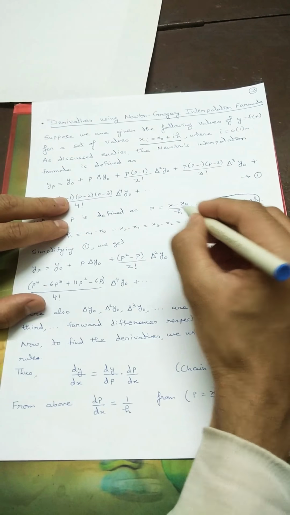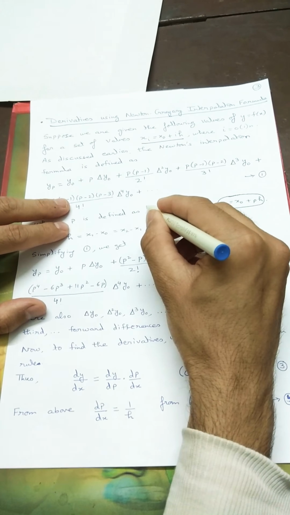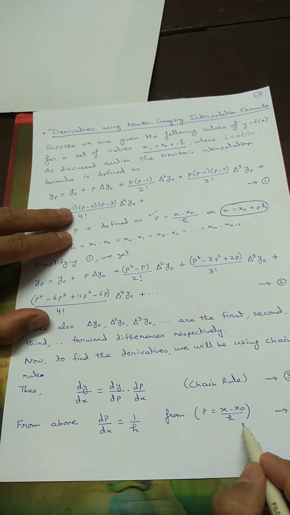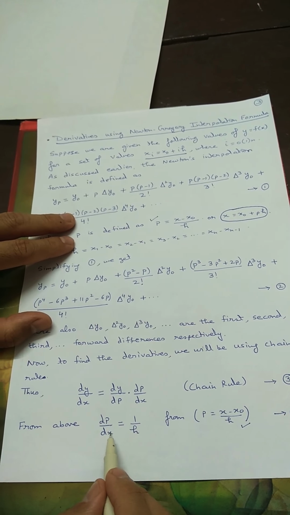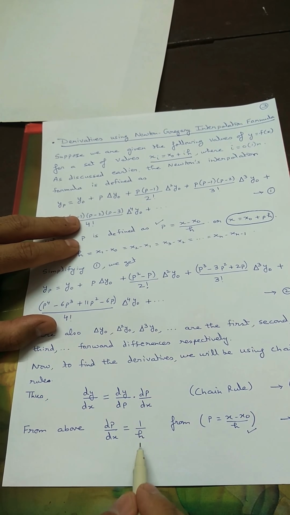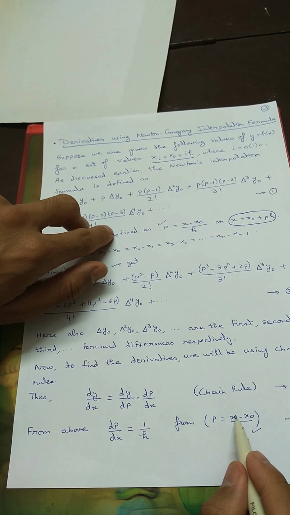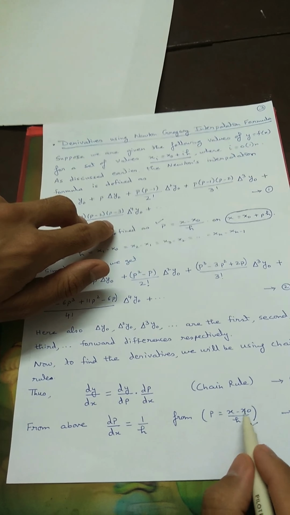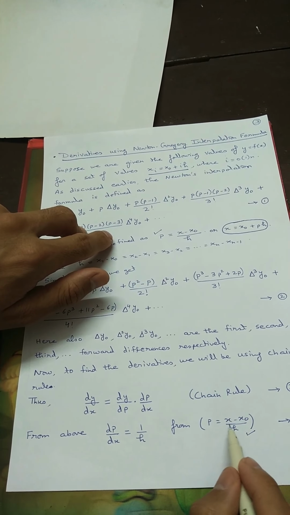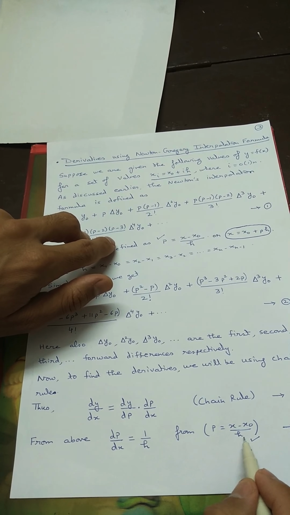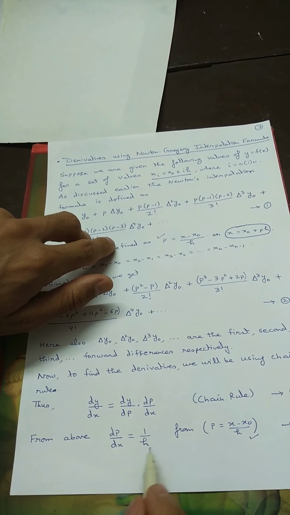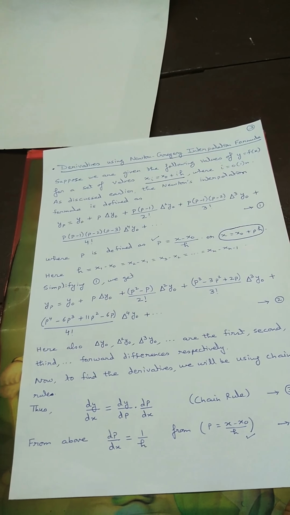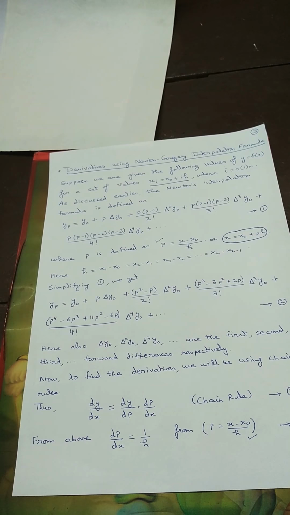From p equal to (x minus x naught) by h, which I have also mentioned here, dp by dx is equal to 1 by h, as the derivative of x is 1, where x naught and h are constants, so its derivative is 0. So it is 1 by h minus 0, which is 1 by h. I hope that you have understood at this point.